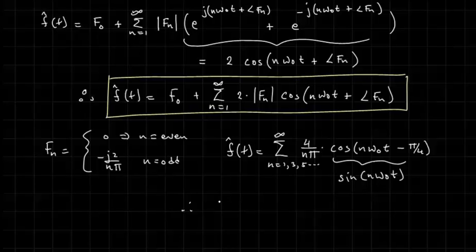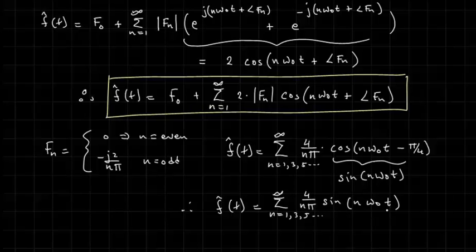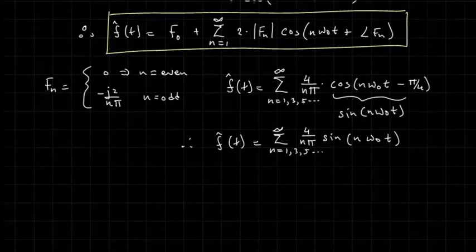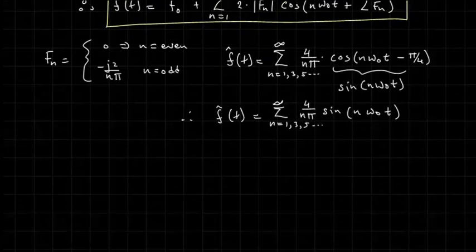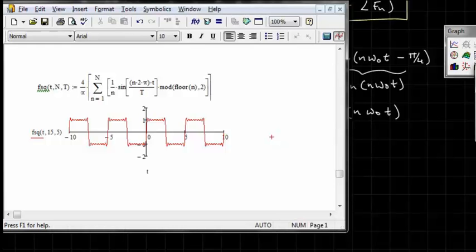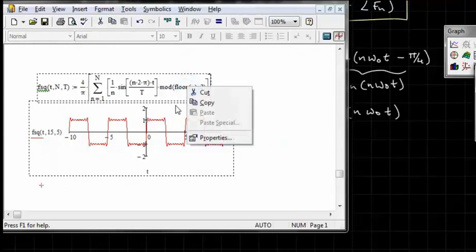So therefore we have f hat of t is equal to the sum over all of the odd terms of 4 over n pi sine of n omega naught t. Here I have a MathCad expression of this to show that in fact it does reconstruct it.